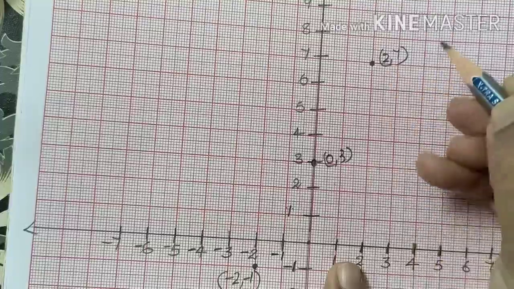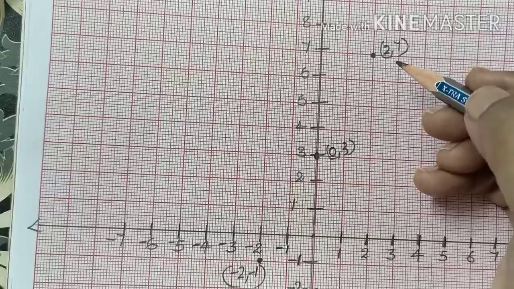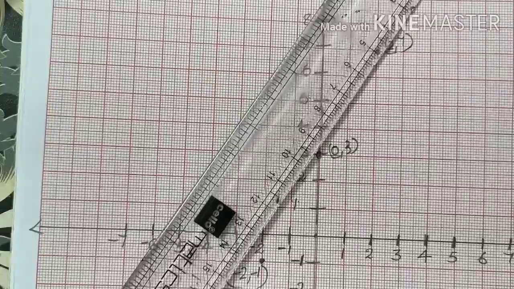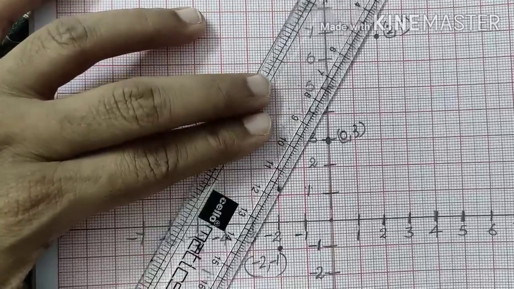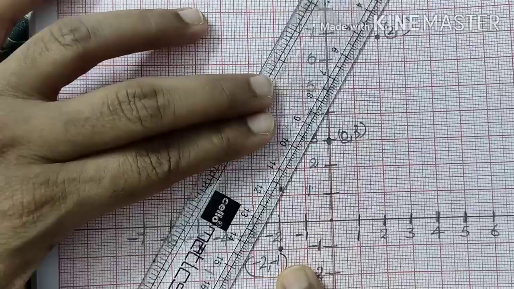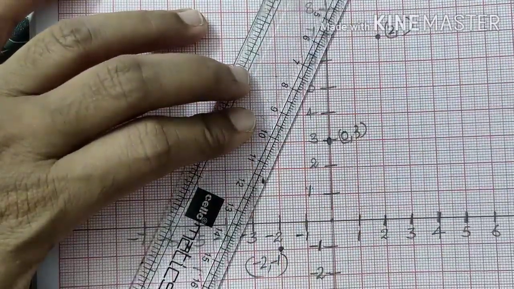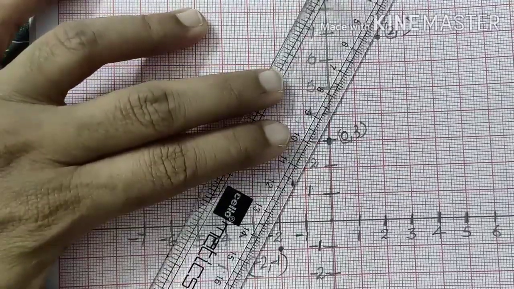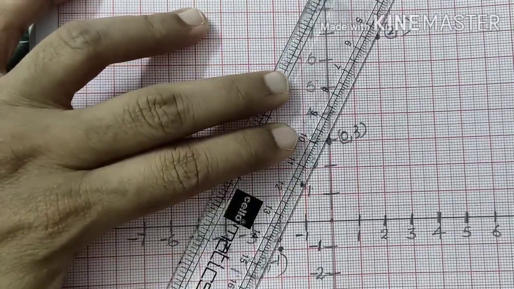Already in earlier classes you have learned that the graph of a linear polynomial is a straight line. That is what we are getting now. We have to connect these 3 points. Even with only 2 points you will get the line; for drawing a straight line, 2 points are enough.